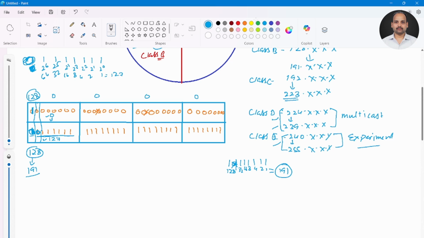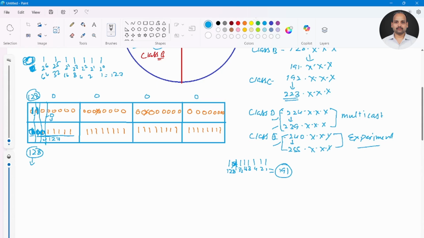In the same pattern you can follow, and now this bit is going to change in class C, and your 3 bits will be reserved. So in the 3 bits, it is 1 1 and this bit is going to be 0.